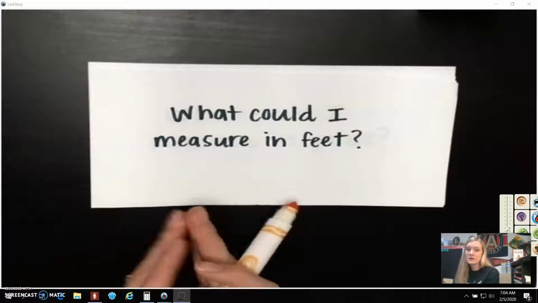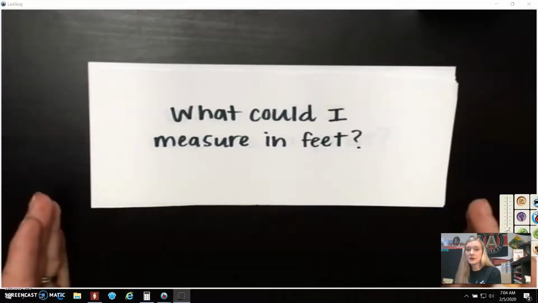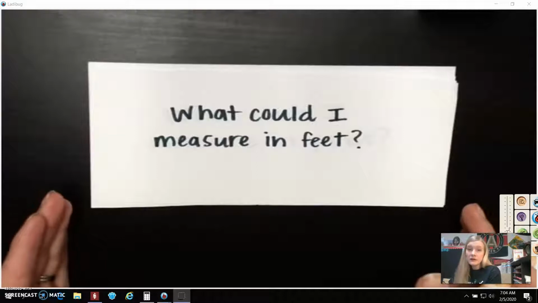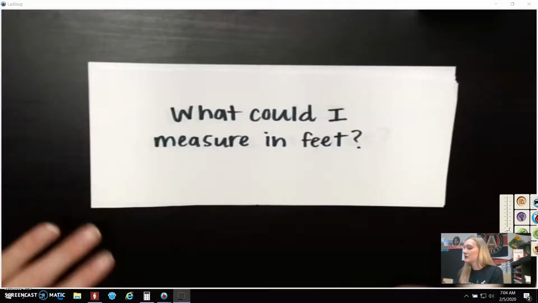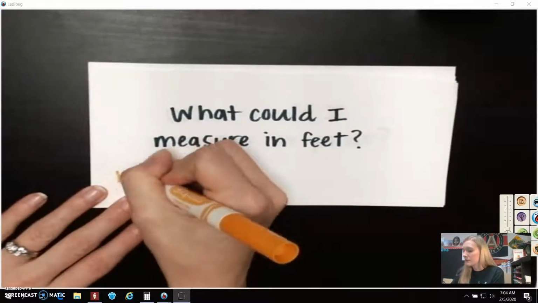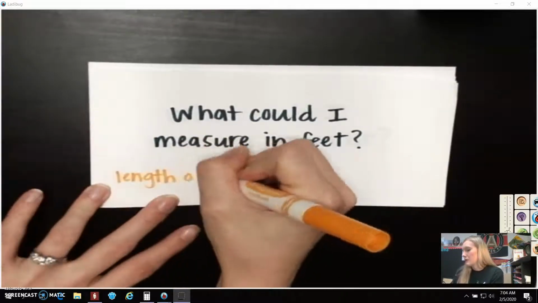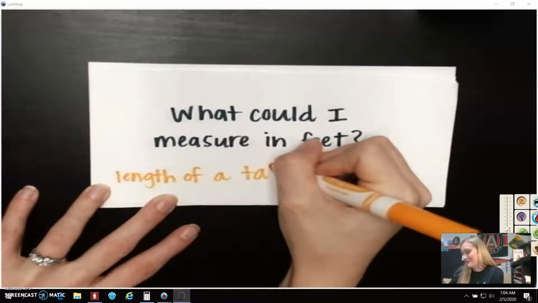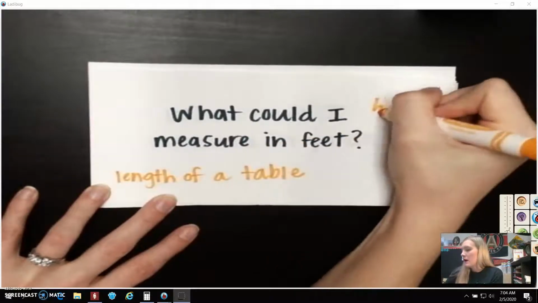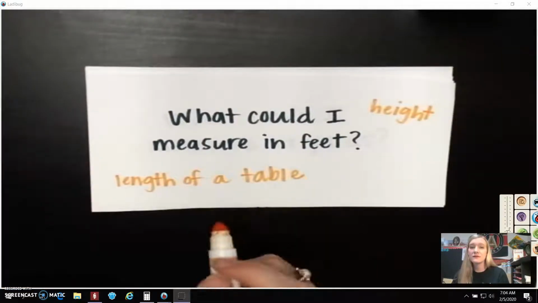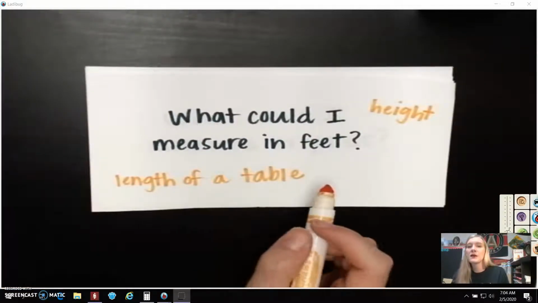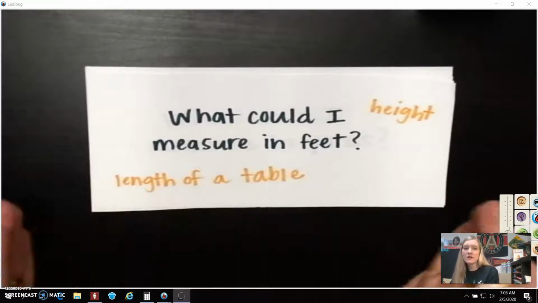Now, feet are going to be a combination of 12 inches, so pretty wide, about the length of a ruler. So things that we might measure in feet would be things like the length of a table, or the height of a table. Your height is measured in a combination of feet and inches. So keep in mind that a foot is 12 inches.